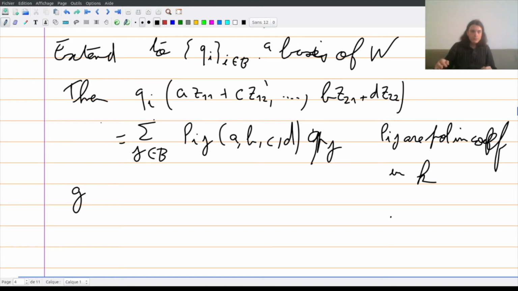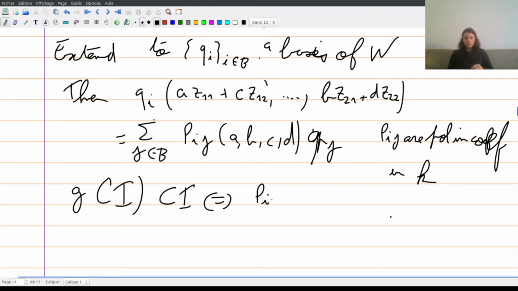The fact that J leaves I invariant implies that P_ij equals 0 for all i that belongs to A and j that belongs to the complementary of A. So of course, if you want to stay in I, you need that the Q_j that do not belong to I are 0. Okay.